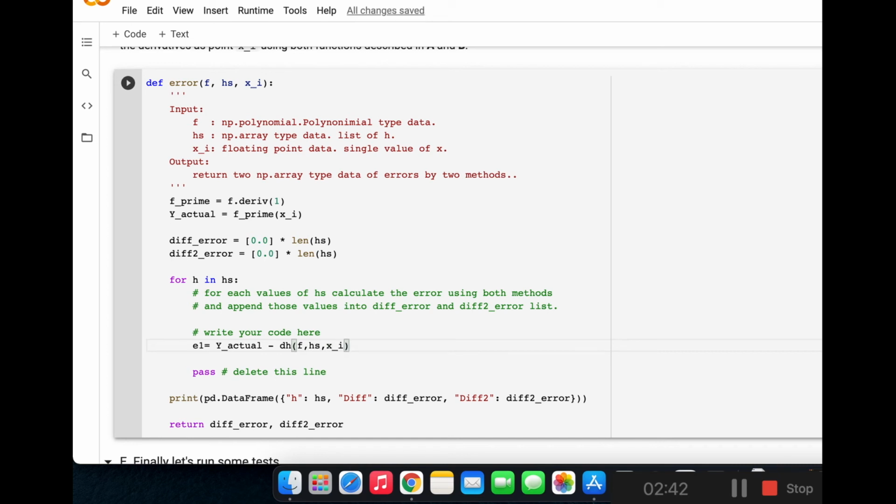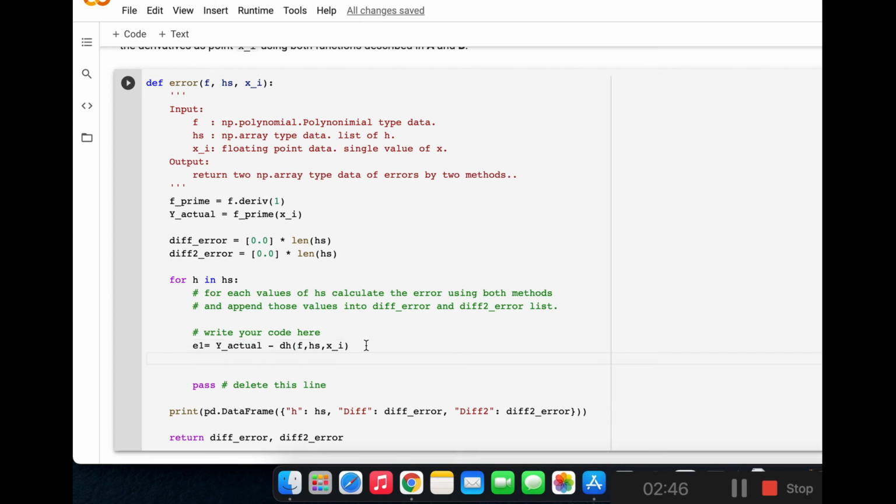In this way, we can calculate the error while using the dh function. And in the same way, we can calculate the error for the dh1 function. And what is the dh1 function? dh1 function is the Richardson extrapolation 1 function, and of course we need to name it in a different way.